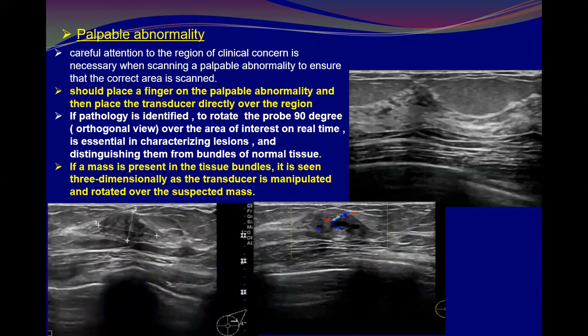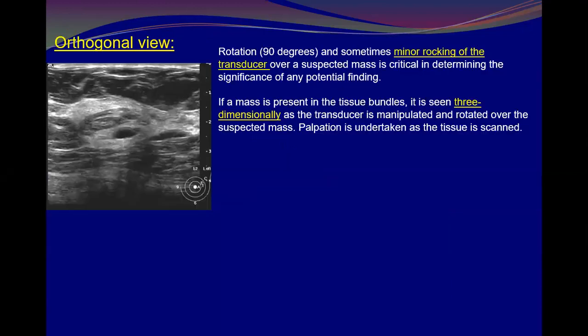So we have to manipulate, rotate, and sweep throughout the area, at least 90 degrees, in an orthogonal view, to differentiate between normal tissue and pathology. Again, this is our patient. Look here, the parenchyma is coming up and elevated.